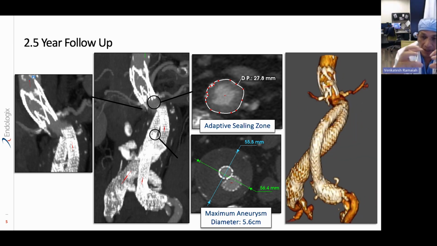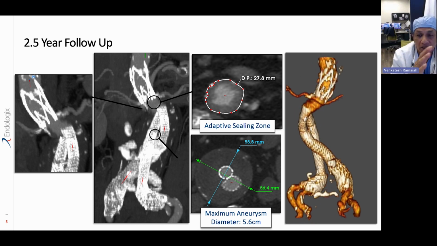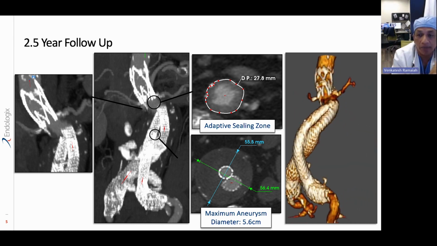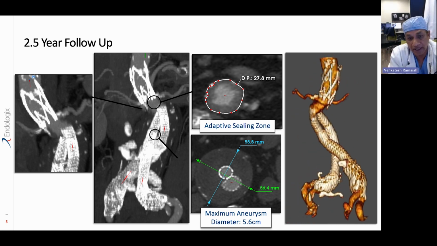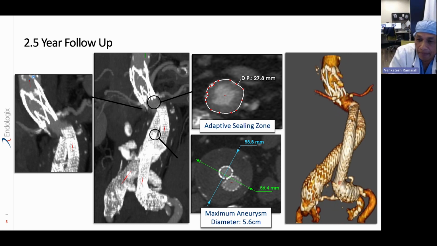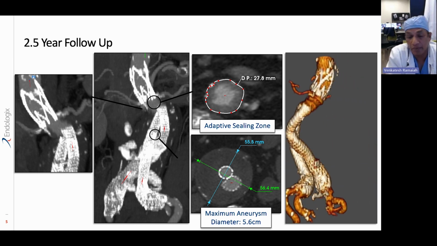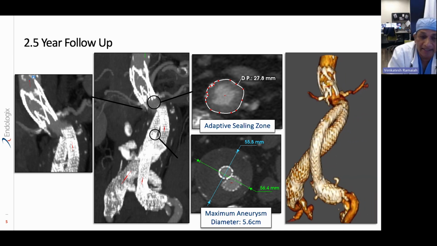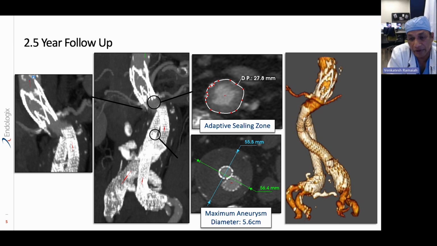Once the polymer is completely set, the contrast, which is there at the time of deployment, slowly fades away or gets reabsorbed over a period of 30 to 60 days. So you will notice that there is almost a gap between the top fixation and the limbs of the endograft. A lot of people have reported this as migration or separation of the components, but you have to understand that polymer does not highlight as metal does in the other endografts.